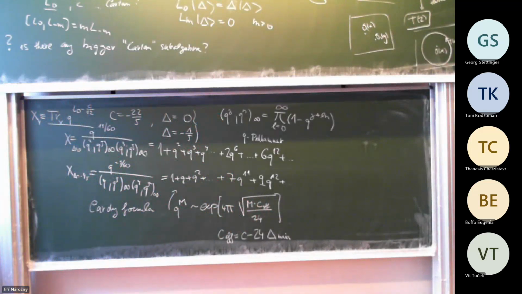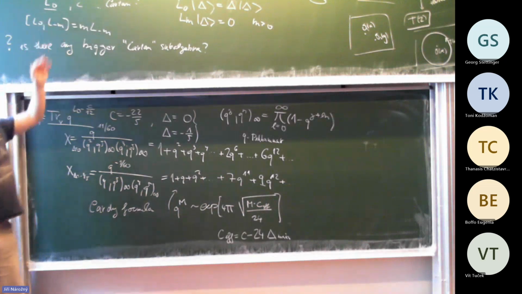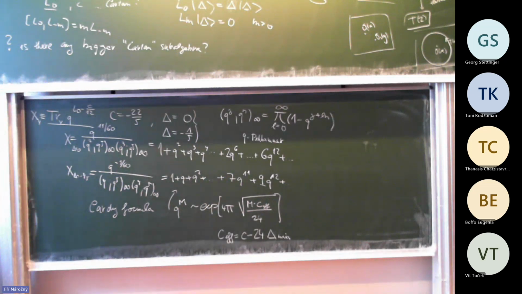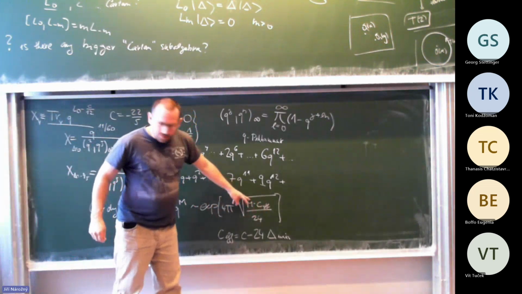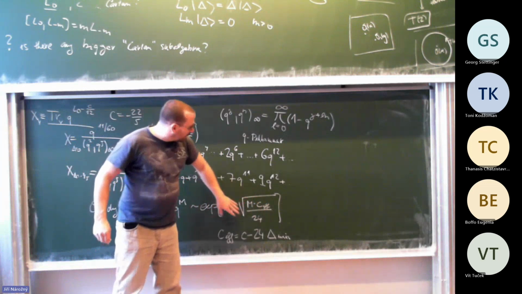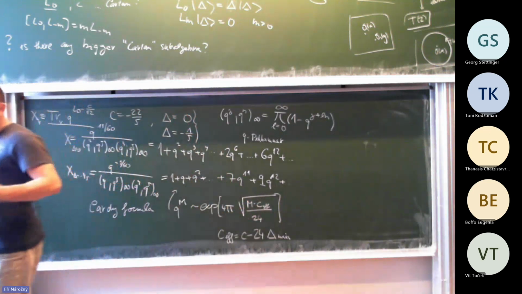Okay, so at large M, I choose L0 to be proportional to M plus some maybe -1/60 or something, roughly M. Then I look at what is the dimension of the subspace of L0 with this eigenvalue, and it's growing as exponential of the square root of M times some number which is determined purely by the central charge.